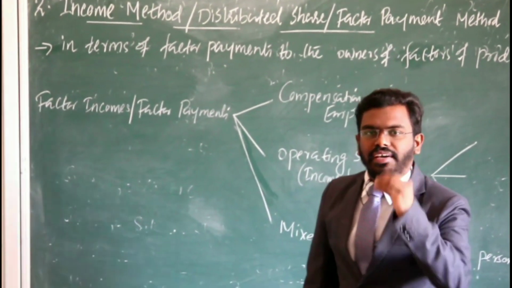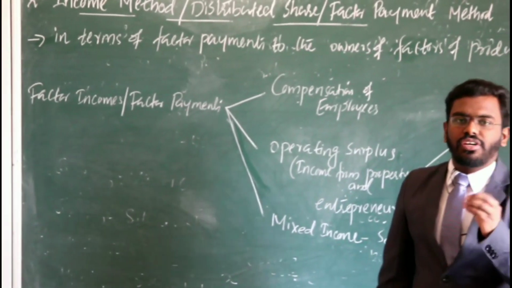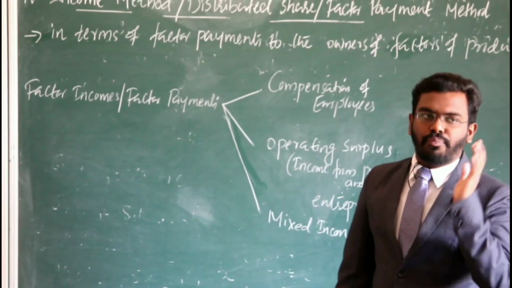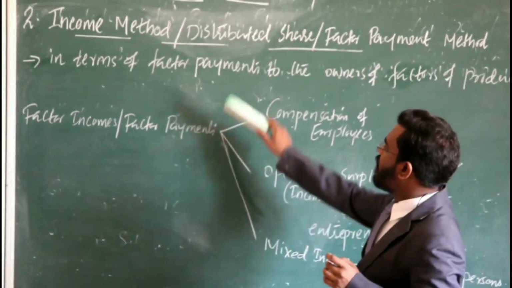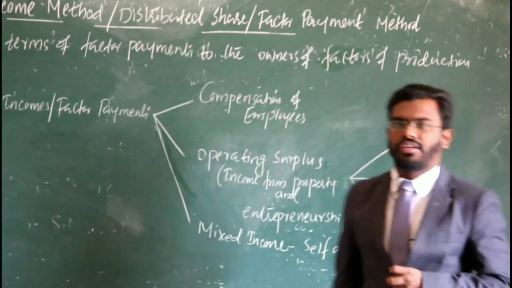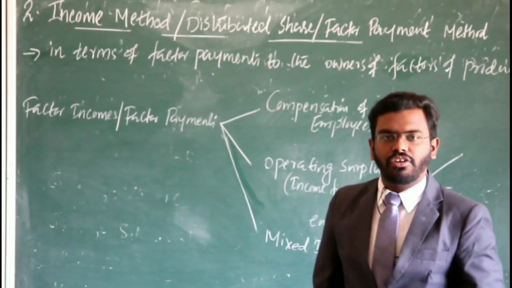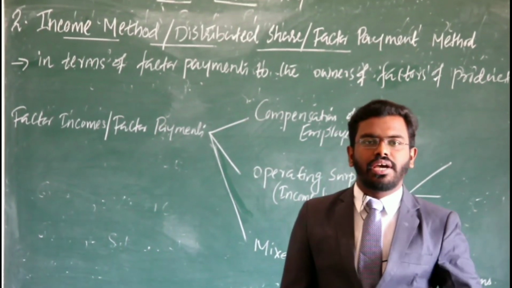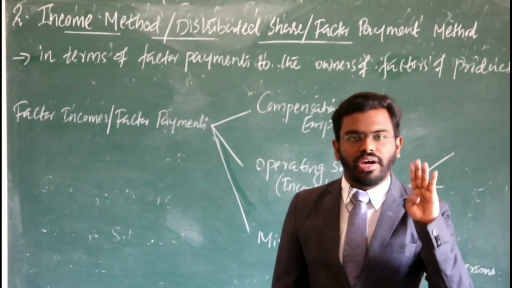In the case of the income method, national income is measured or represented in terms of factor payment to the owners of factors of production. Who is the owner of factors of production? Household. Then what are the factors of production? Land, labor, capital, organization.